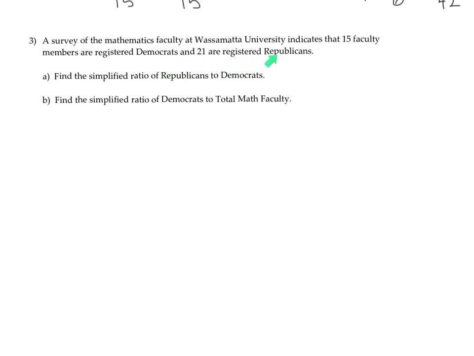There are 21 Republicans and 15 Democrats, so 21 to 15. We are just going to use the fraction form, but you could use a colon. This says simplified ratio, so we need to reduce this. These both divide by 3, ending up with 7 to 5.